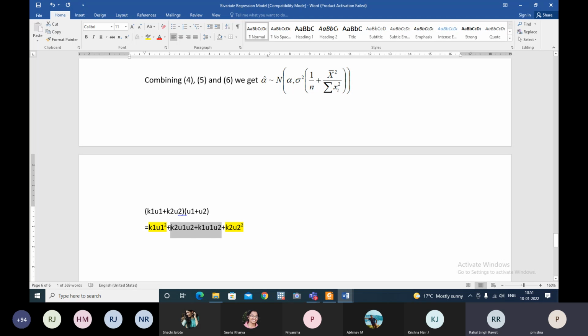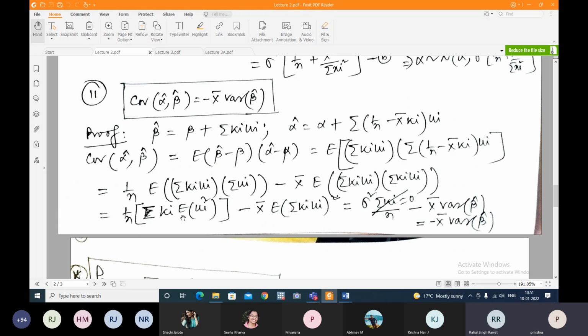So these two components cancel out. So eventually I am having summation of Ki Ui square, and as I take mathematical expectation inside, I will have summation of Ki expectation of Ui square, and that is what I have written here.